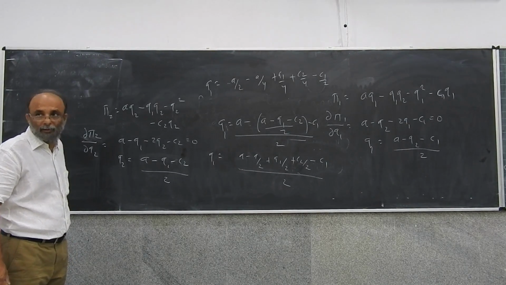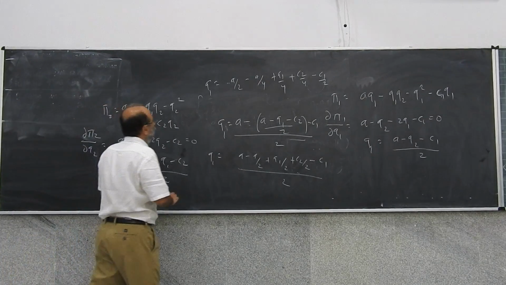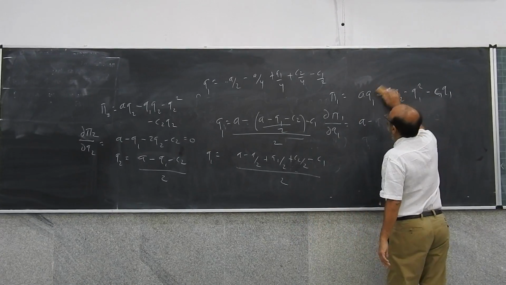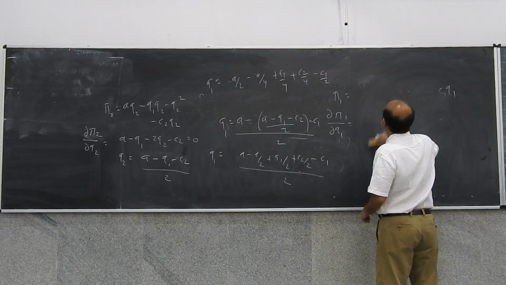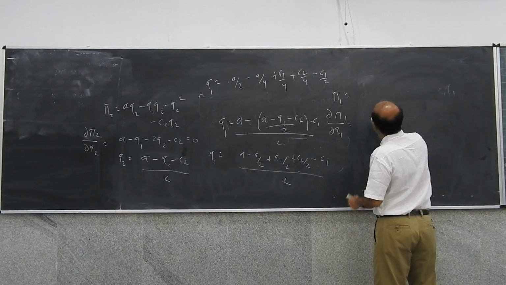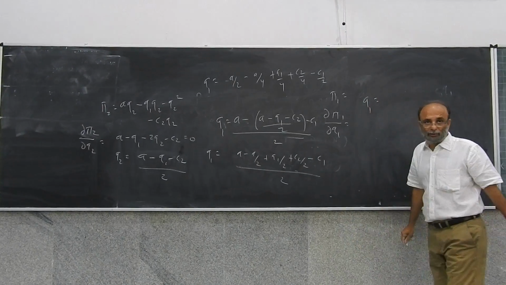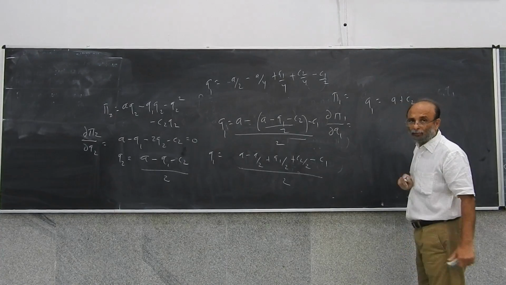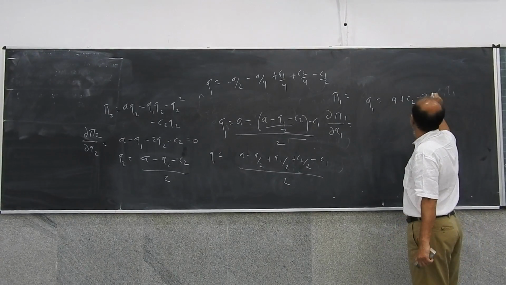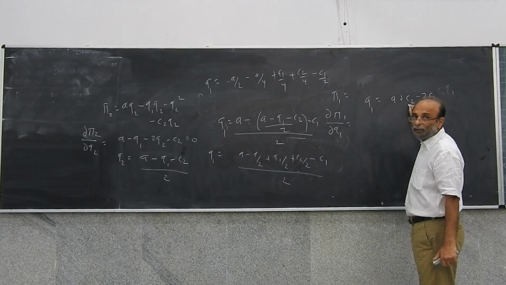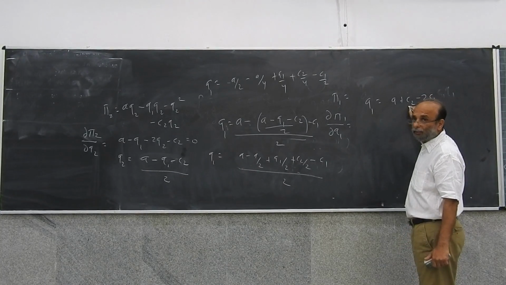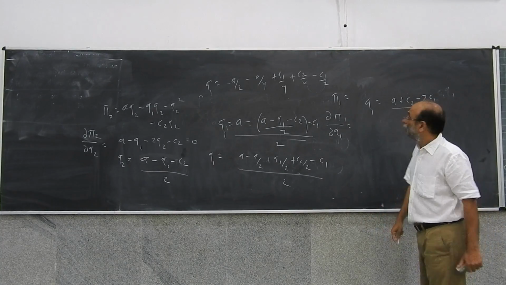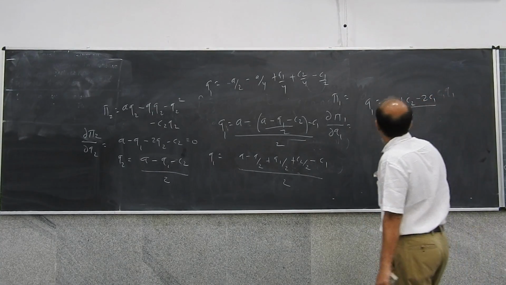Q1 is equal to A plus C2 minus 2C1, the whole thing divided by 3. And what do you get for Q2?